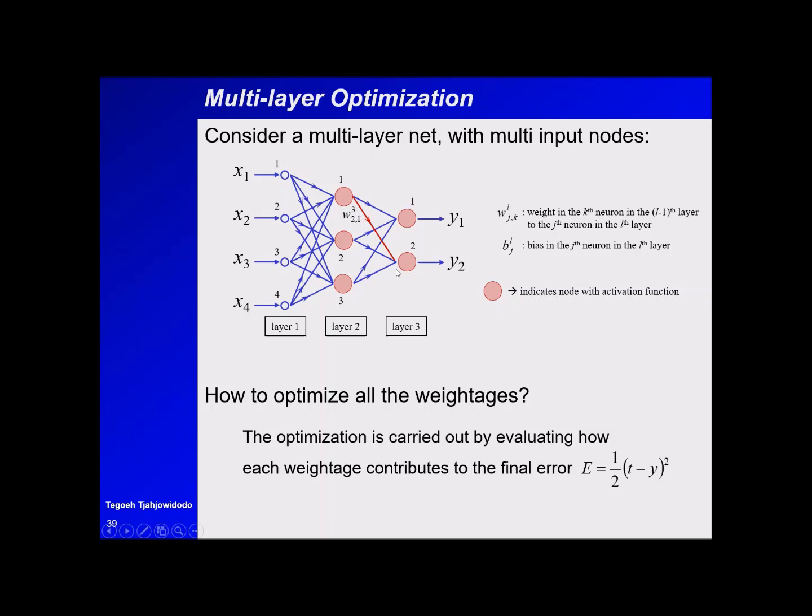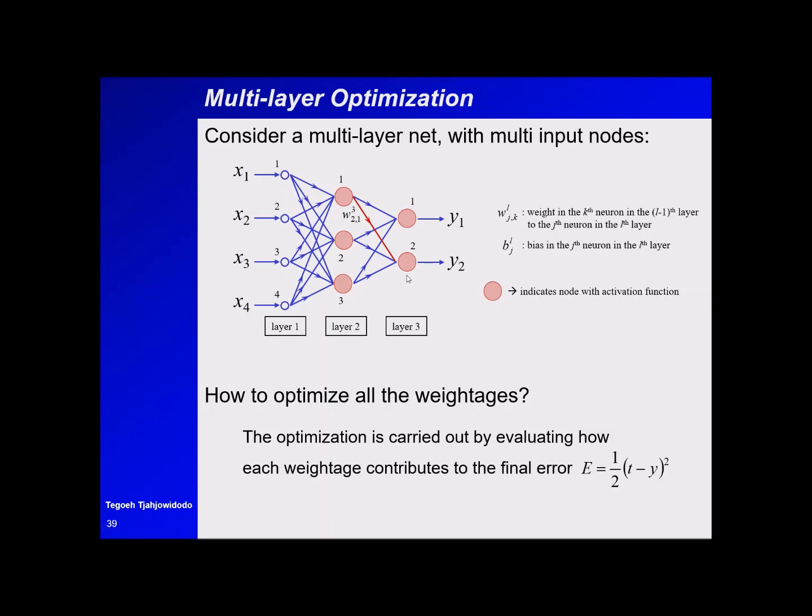Okay, so that's how, let's agree on this notation. W 2,1 with superscript 3 in here means the weightage of the node in layer 2, the first neuron, that is connected to the second neuron on the third layer.